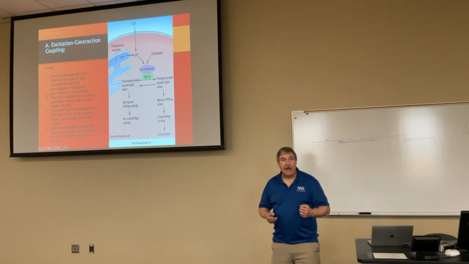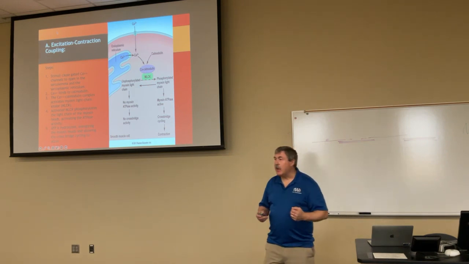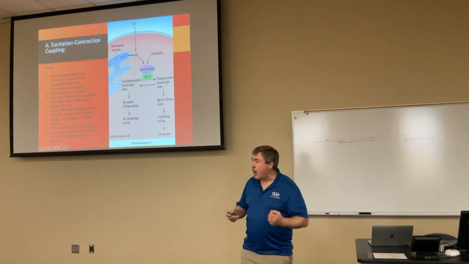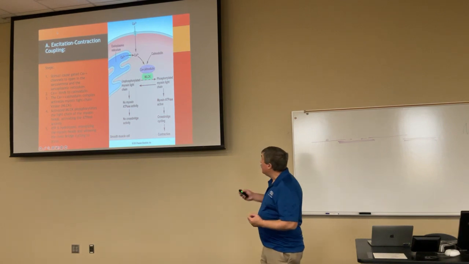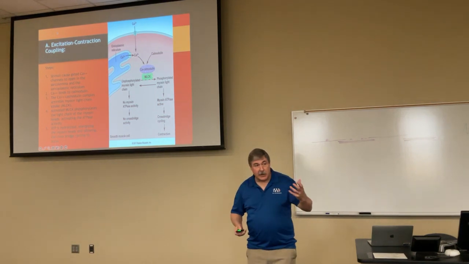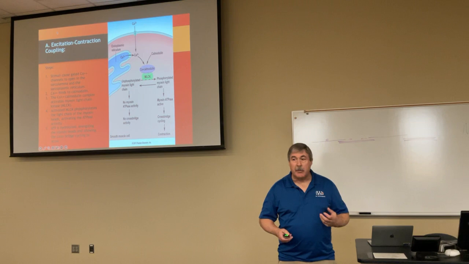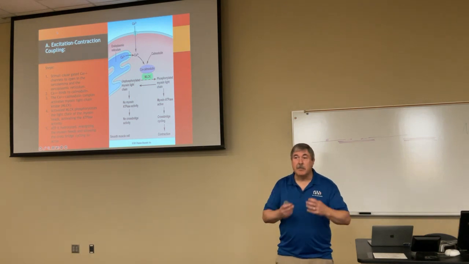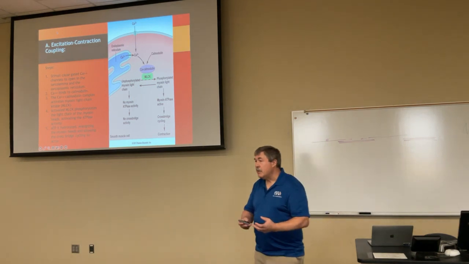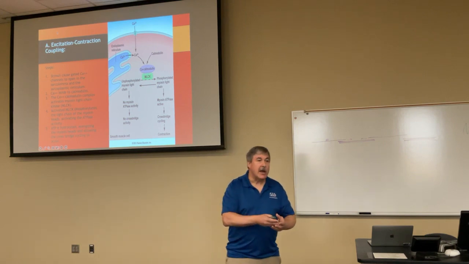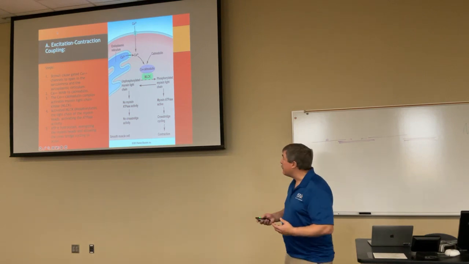Now, a kinase is an enzyme that adds a phosphate to another molecule. So this enzyme that gets activated by the presence of calcium and calmodulin adds a phosphate to a part of the myosin protein called the light chain. There's a light chain and heavy chain in myosin.